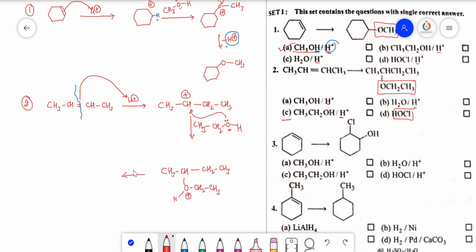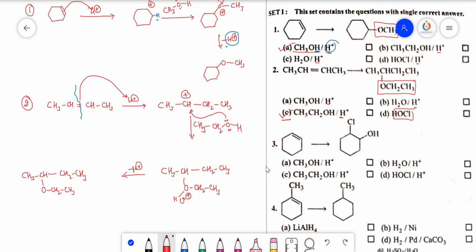And in the final step, again loss of H plus ion from this alcohol part, giving CH3 CH O CH2 CH3, and here also CH2 CH3. Hence option C is correct.